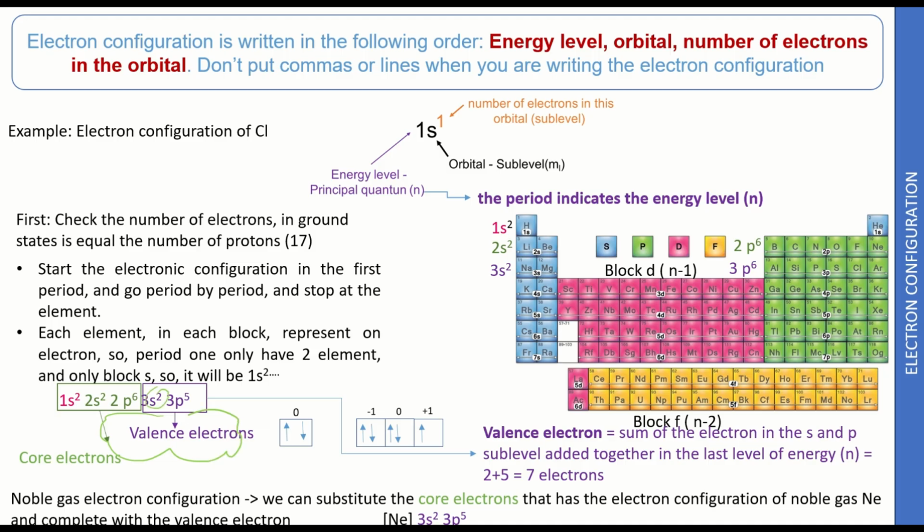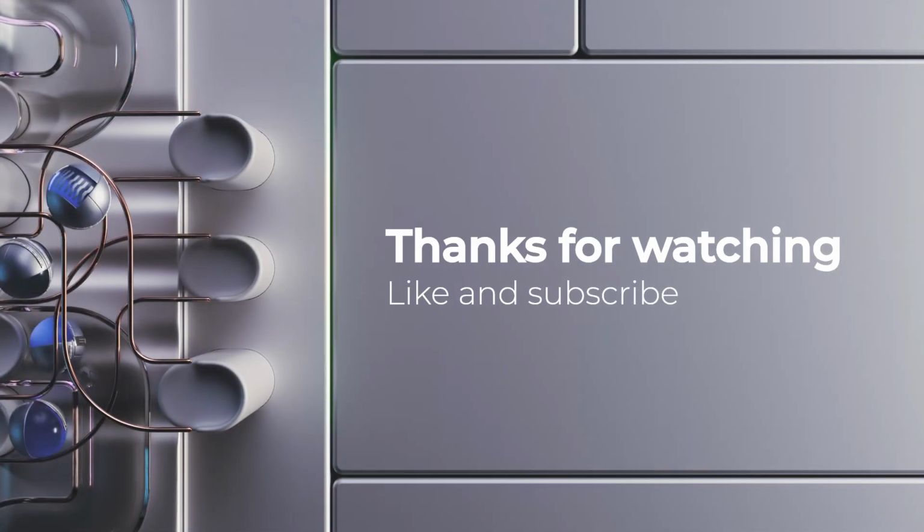So I know this element has 7 valence electrons, so I know it is in group 17, right? And if I go to level 3 and go to P5, 1, 2, 3, 4, 5, I know we're talking about chlorine. Okay?